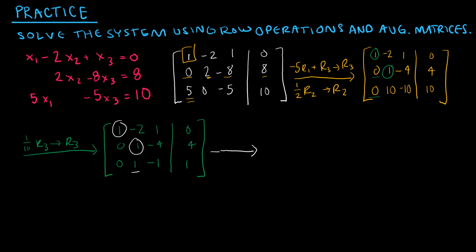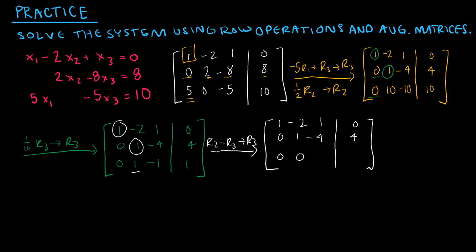So let's do row 2 minus row 3 to be my new row 3. Row 1 is the same. Row 2 is the same. Row 3 is 0 minus 0, 1 minus 1, negative 4 minus negative 1, 4 minus 1.